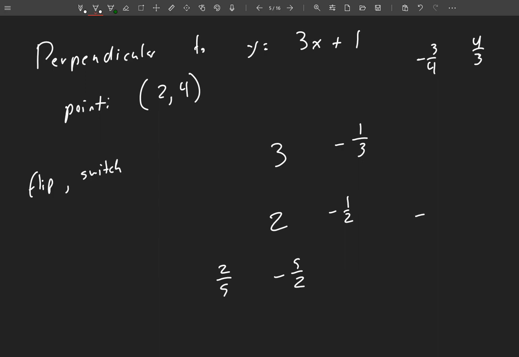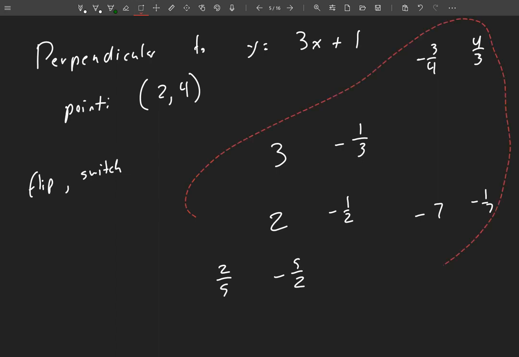It could be -7, and then its perpendicular slope would be -1/7. So whenever you're trying to find a slope that is perpendicular to whatever slope you've been given, whatever line you've been given, you take the slope, you flip it upside down. It's called taking the reciprocal, and then you change the sign. If it's positive, you make it negative. If it's negative, you make it positive.